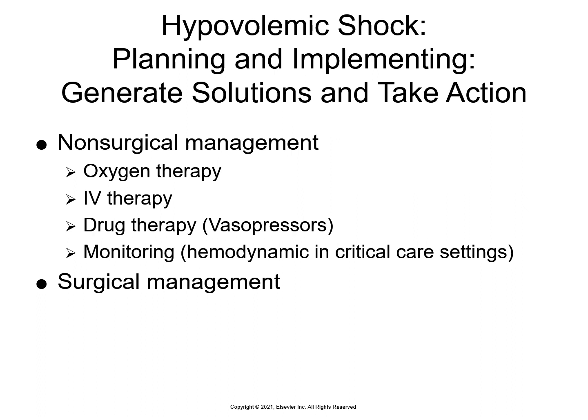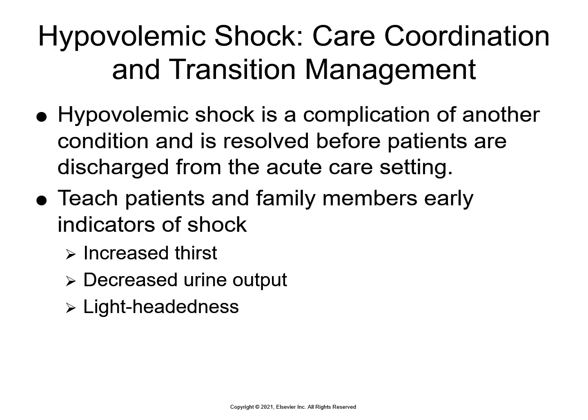Surgical management would depend on whether or not they had a bleed or something they could correct. So, hypovolemic shock care and coordination and transition. This is a complication of another condition, and it has to be resolved before patients are discharged from the acute care setting.